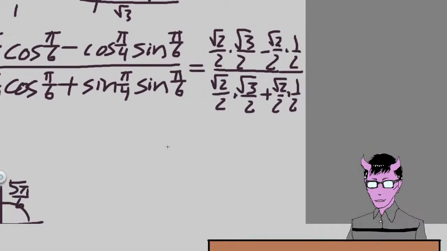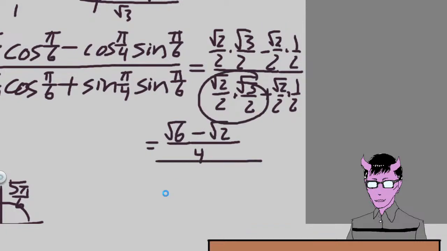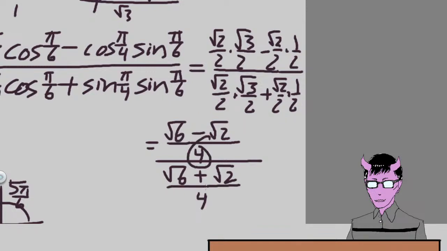So it was looking kind of a mess. So we're going to have root 6 over 4. Same denominator, so I'm skipping a few steps. 4 on the bottom, 4 on the bottom, so you could just clear that out by multiplying top and bottom by 4 if you wish to show full work.